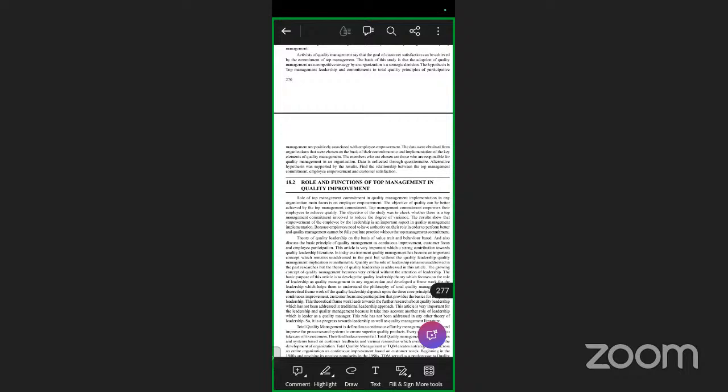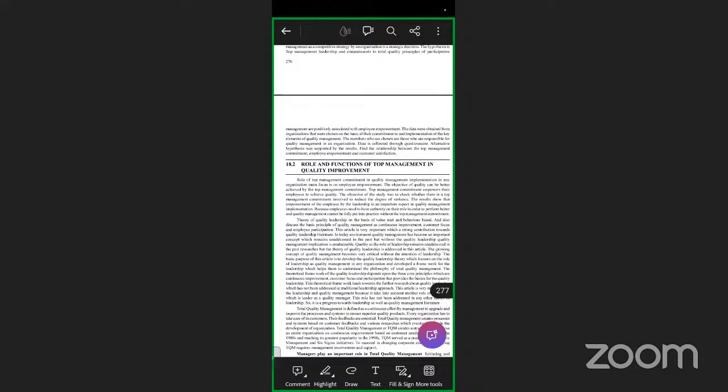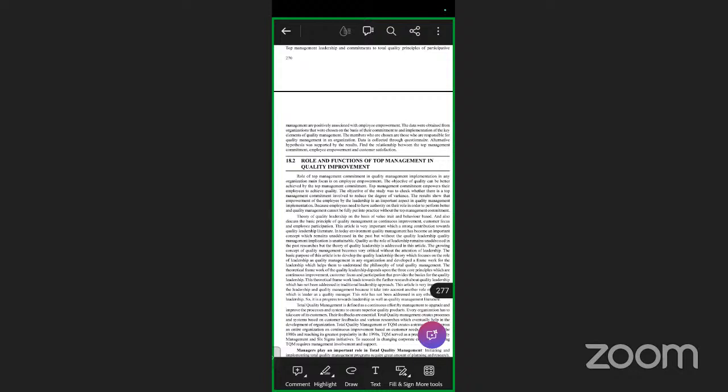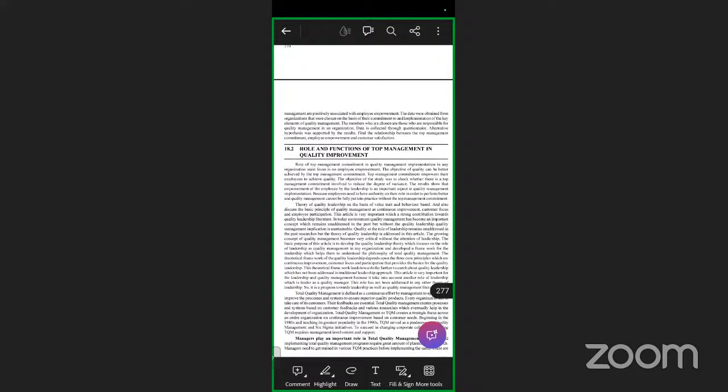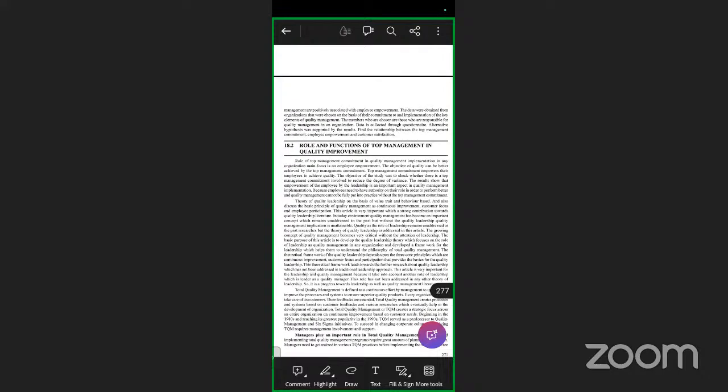The role of top management commitment in the quality management implemented by any organization has its main focus on employee empowerment. The objective of quality can be better achieved. Top management commitment empowers employees and involves a reduced degree of variance.